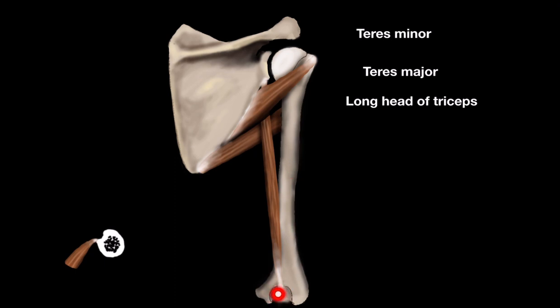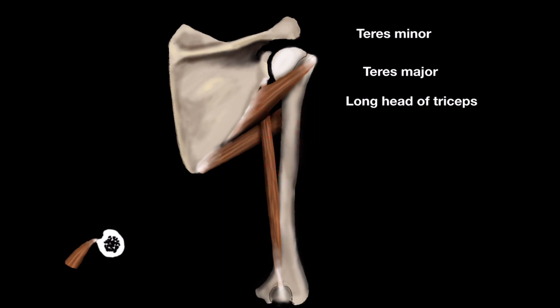The olecranon process of the ulna is lodged in the olecranon fossa of the humerus, and long head of triceps extends from the infraglenoid tubercle of the scapula to the olecranon process of the ulna. But the other two heads will be originating from the humerus. So together this muscle can connect scapula to humerus.